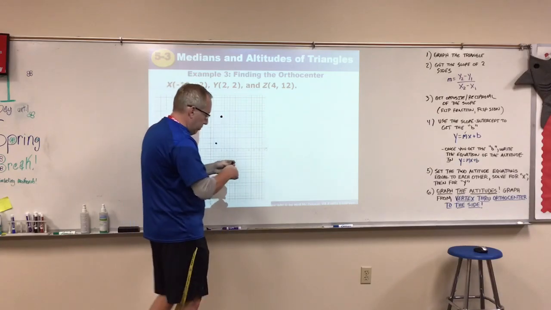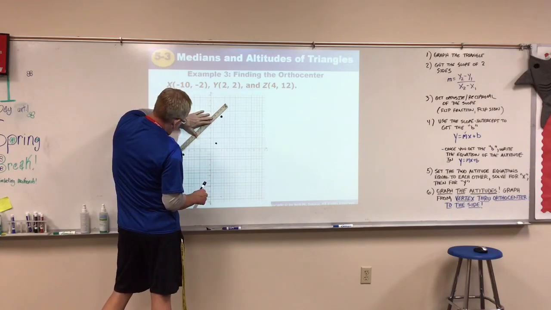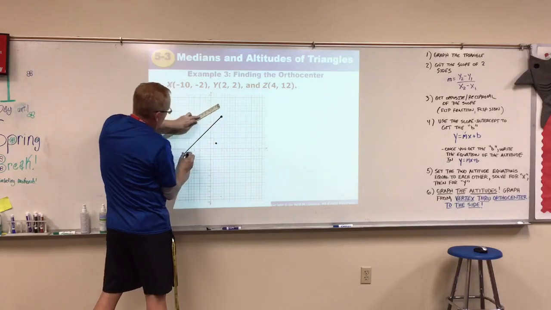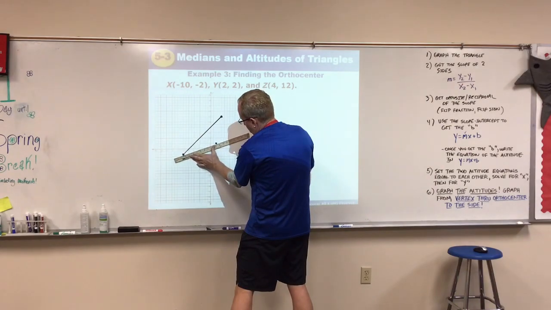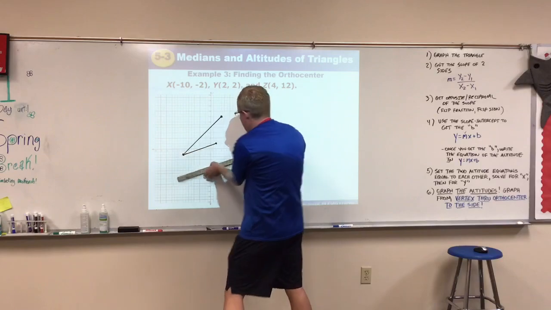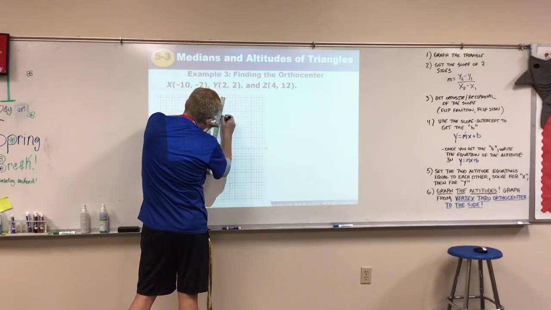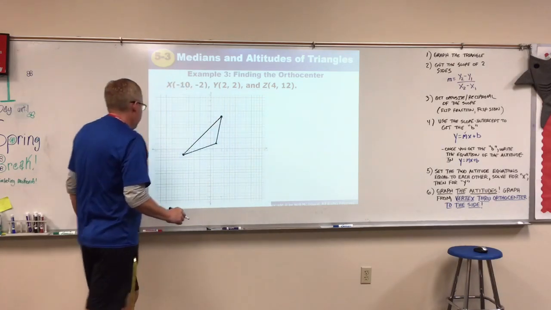Okay, so now we draw the sides of the triangle, which is this, which is this, and which is this. All right, and then we're going to label this.